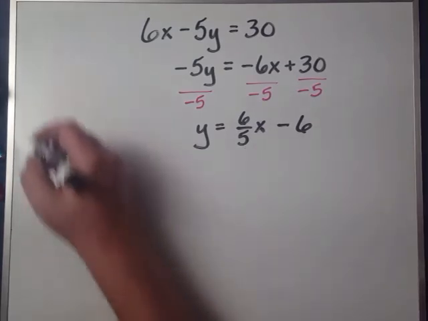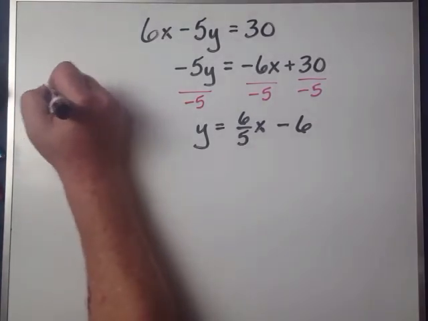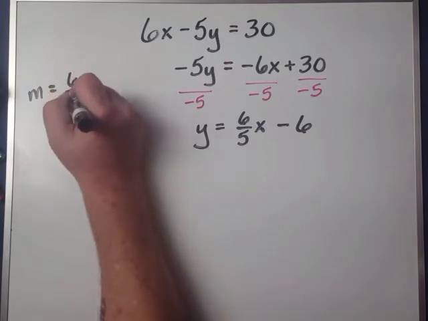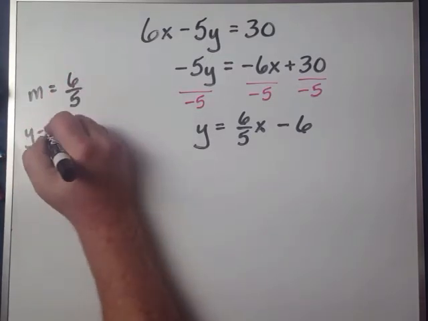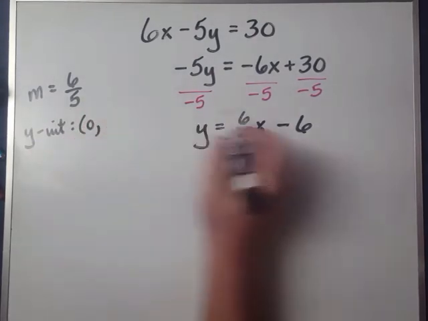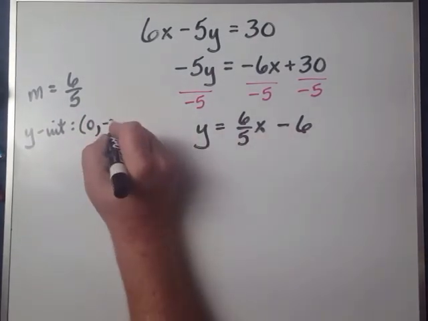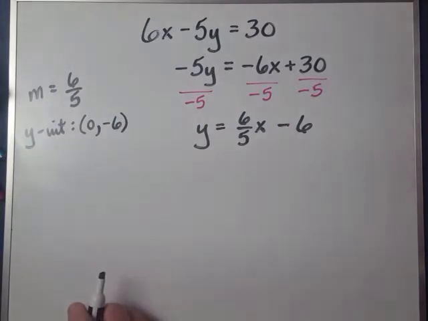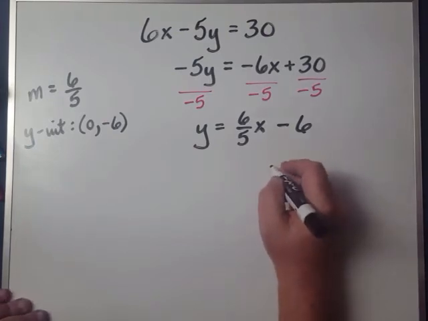So now I can clearly see my slope is positive 6/5. My y-intercept is the point (0, -6). We've got our slope, we've got a point. We can graph this.